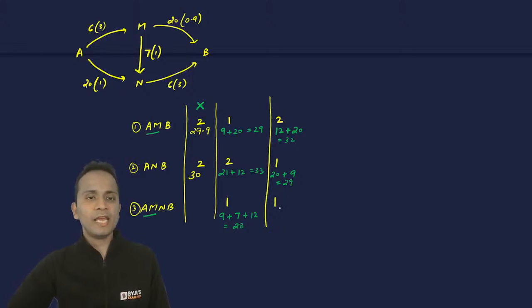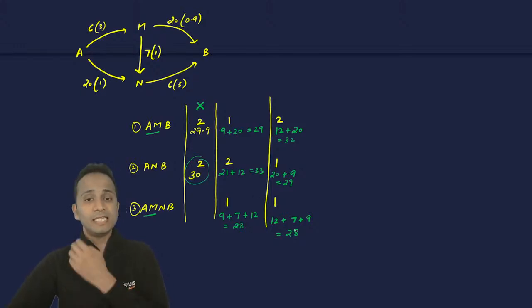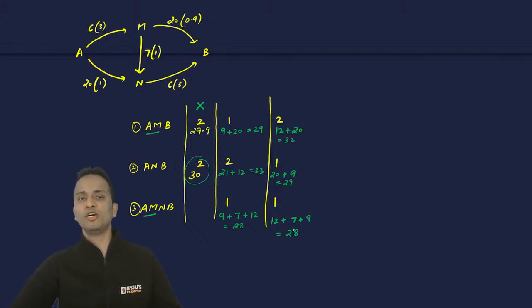And the last route AM से दो cars हैं. हाँ, AM से total 3 cars हैं, so they will take 12 minutes plus 7 minutes plus 9 minutes, because NB there are 2 cars. So 12 plus 7 is 19. 19 plus 9 is 28. Now it is taking 28 minutes. So I can say that this car, which earlier was taking 30 minutes, is now taking 28 minutes. So I can say that this route can also be a feasible route.